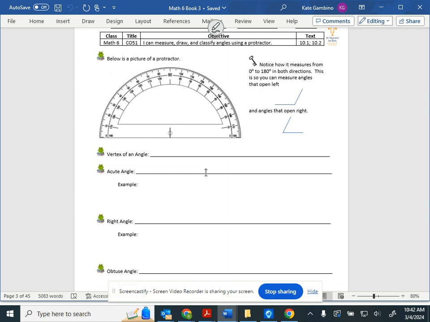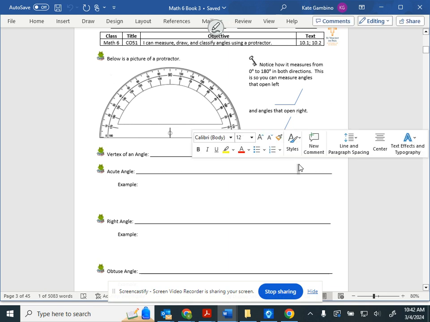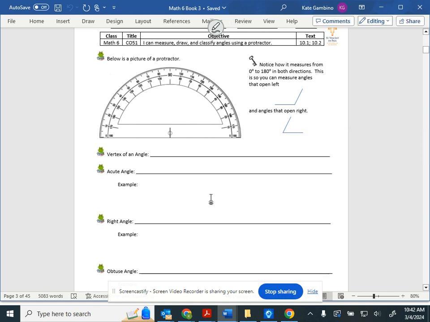On the left side, 0 is on the outside, and it goes all the way to 180 down here. On the outside, it goes 0 to 180 from left to right. On the inside, we start at the right-hand side, and we go to the left.